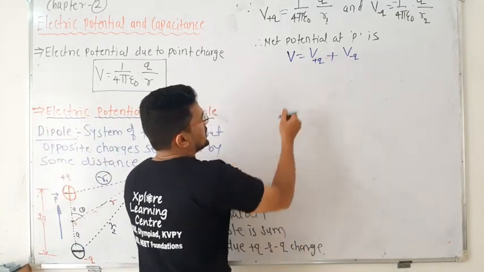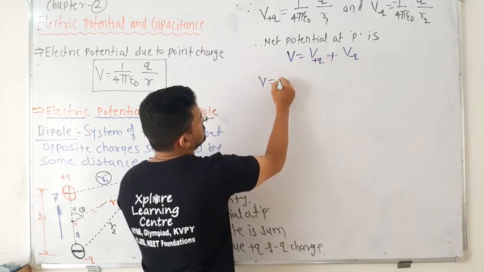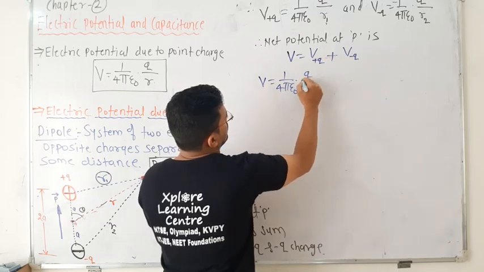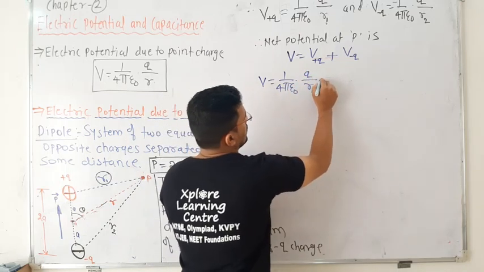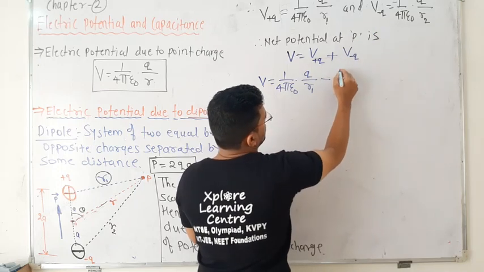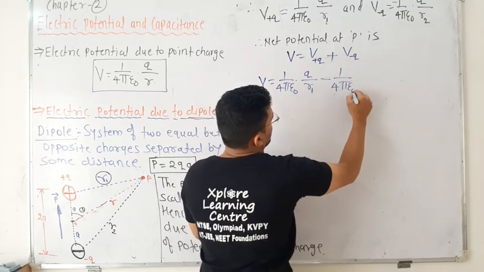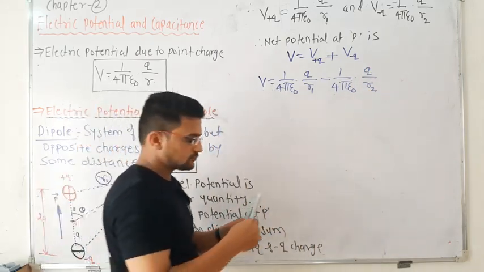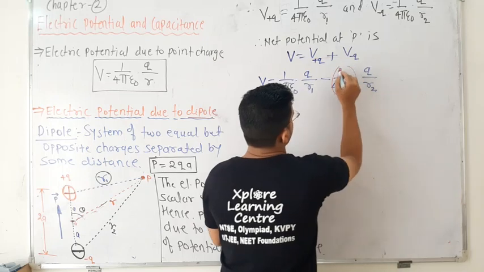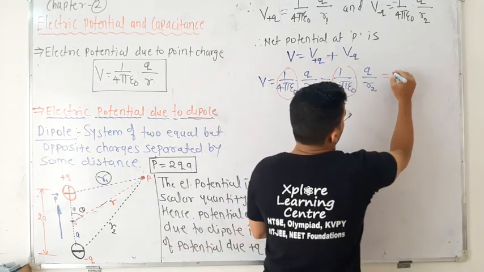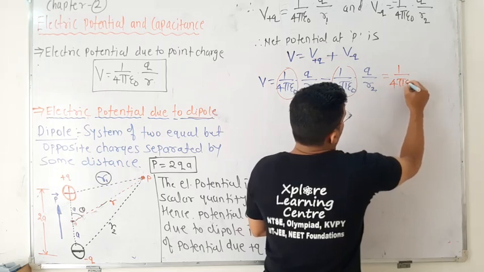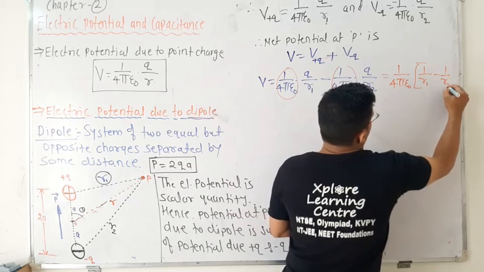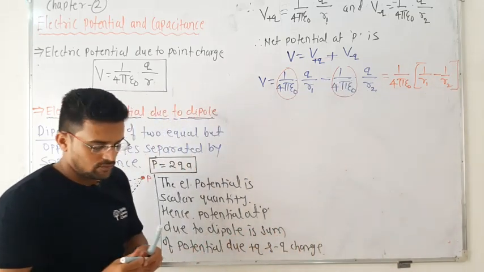Placing the values, you will get V equal to 1 upon 4 pi epsilon naught, q divided by r1, and then minus 1 upon 4 pi epsilon naught, q by r2. Taking out the common factor, it becomes 1 upon 4 pi epsilon naught, in bracket, 1 upon r1 minus 1 upon r2.